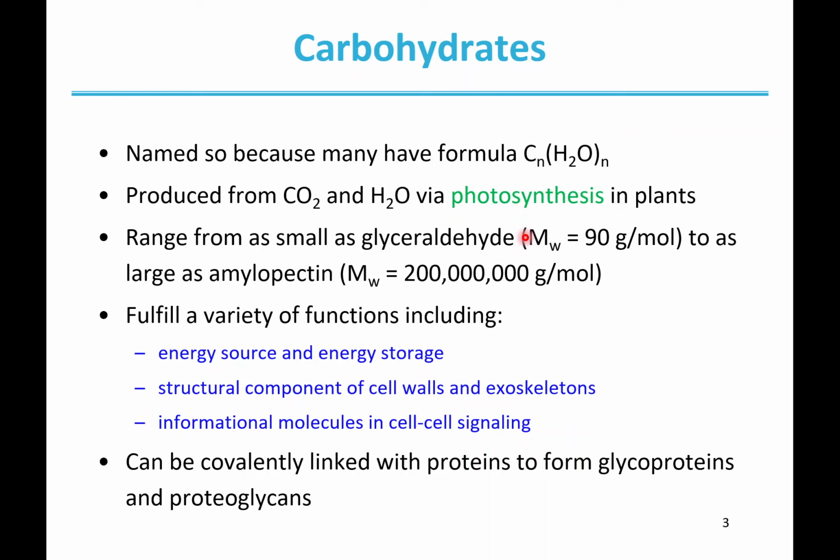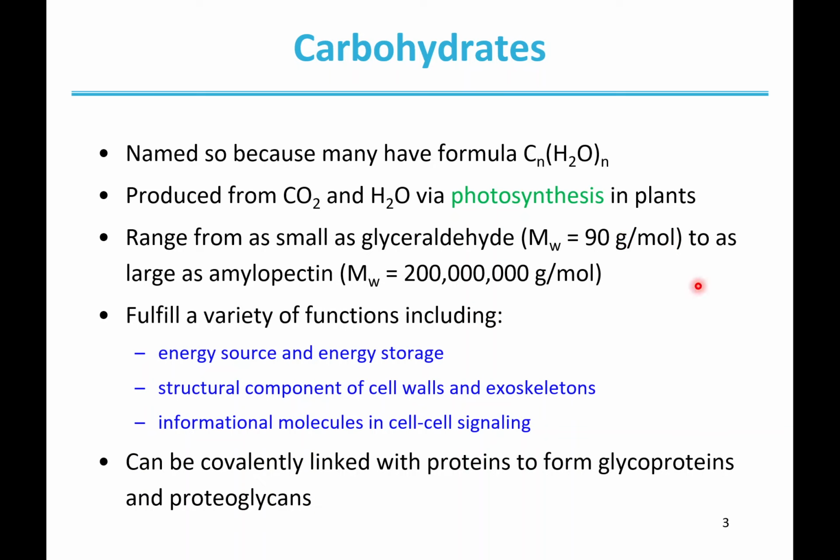Okay, these are produced from plants, through photosynthesis, primarily plants, where they take carbon dioxide from the air and water, and they form them. These are a very wide range of molecules. The smallest carbohydrate we really consider a carbohydrate is glyceraldehyde, which has 3 carbons, and its molecular weight's 90 grams per mole.